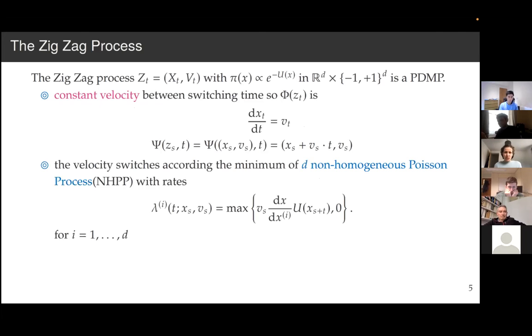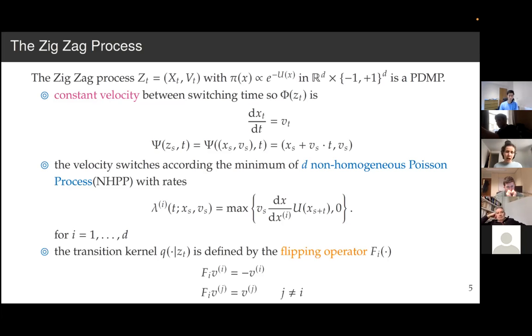The velocity then switches according to the minimum of non-homogeneous Poisson processes with this rate here, where the important part is that the rate to switch is guided by the gradient of our potential. So when we are out in the tail, it will propose to switch back towards the mode. How do we turn back? We apply the flipping operator, which tells us that if the minimum of this non-homogeneous Poisson process is for dimension i, then that dimension will flip its velocity, changing to +1 or -1 and vice versa.